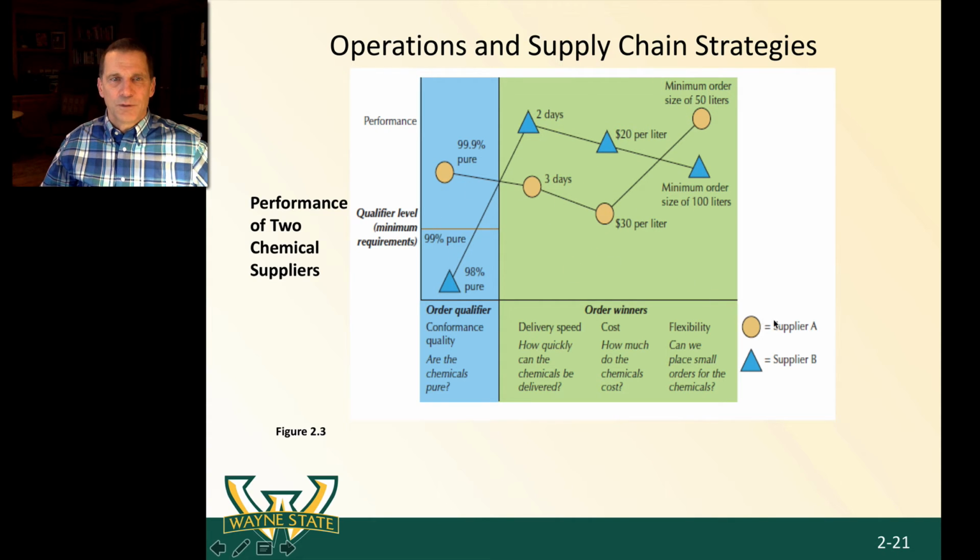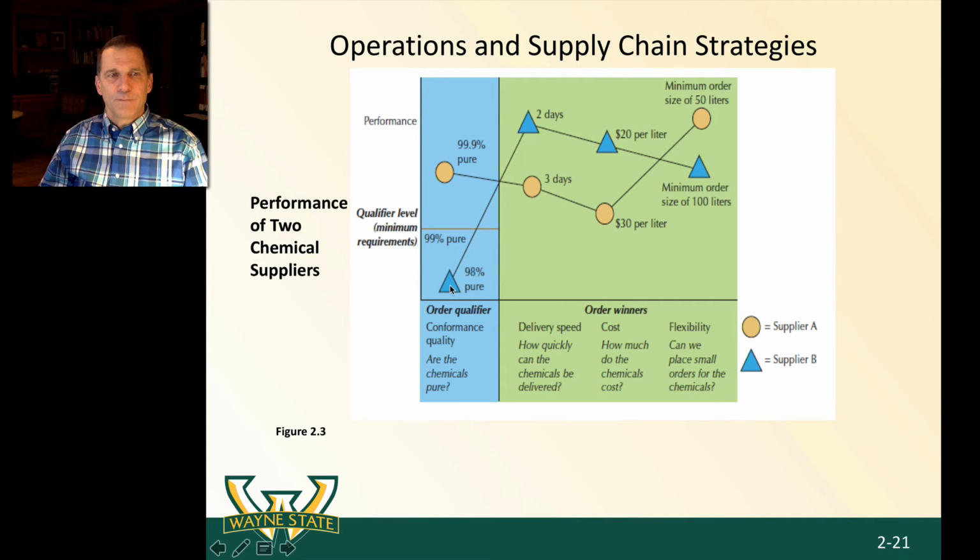So for supplier A, they meet and exceed the 99% pure level. They have a long lead time, I guess, 3 days for delivery time, and they cost $30 per liter compared to $20 for a competitor. And they're able to be fairly flexible. They can deliver in small quantities.